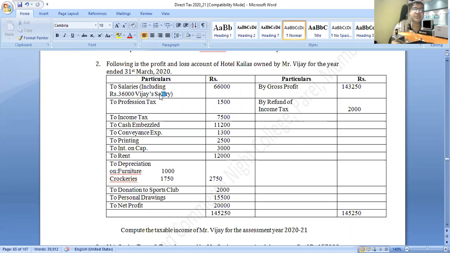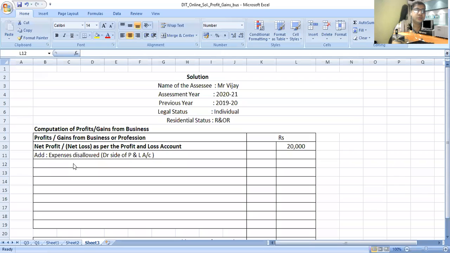This portion is disallowed, and this disallowed portion we have to add to the net profit. Expenses disallowed. We will write here Vijay's salary, and the amount of salary he has received, rupees 36,000.